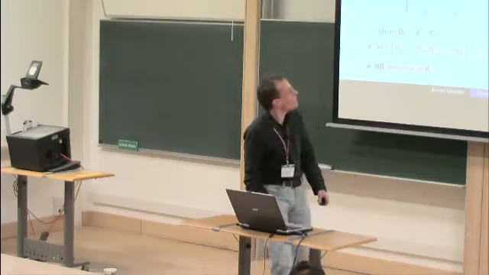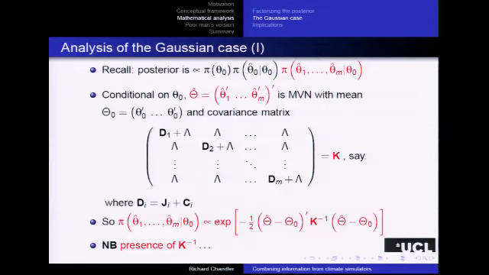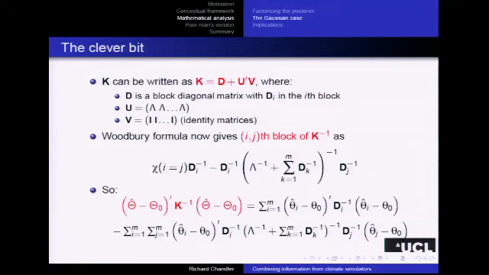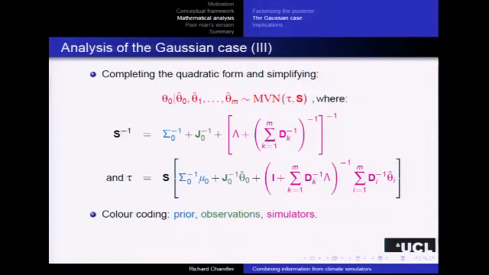Having done that, I can look at the posterior, and all of these things are Gaussian. I'm really proud of this, but I'm just going to have to skip through it. I've inverted a massive matrix analytically, and I'm really pleased with it. But anyway, what you find is that the posterior distribution of actual climate, given all of the information, is a multivariate normal with mean vector T and covariance matrix S, and they've got these quite intuitive expressions.